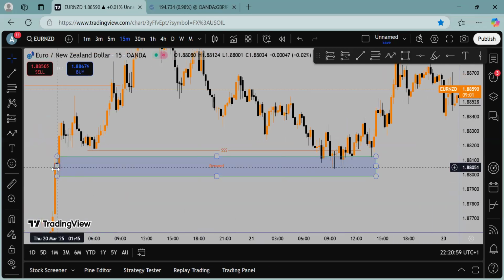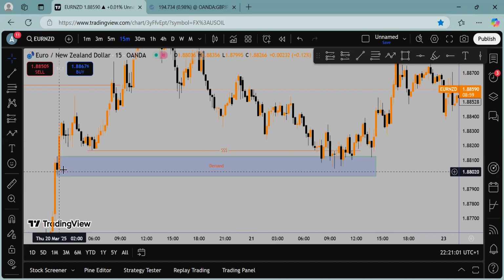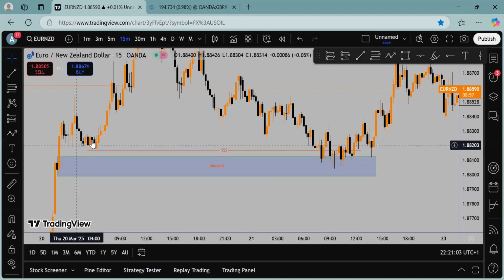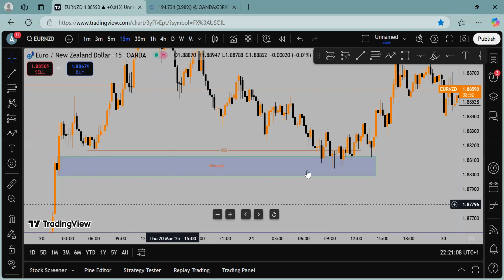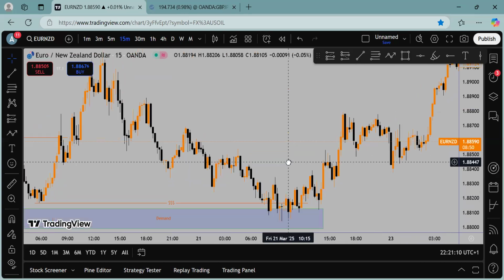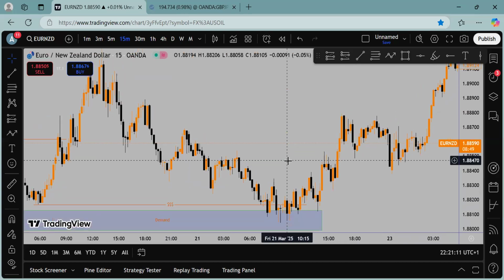There was a 15 minutes demand level, right? And there was liquidity resting below the demand level. So it just told me that this thing is going to buy. Do you understand? So when you have liquidity, you understand?